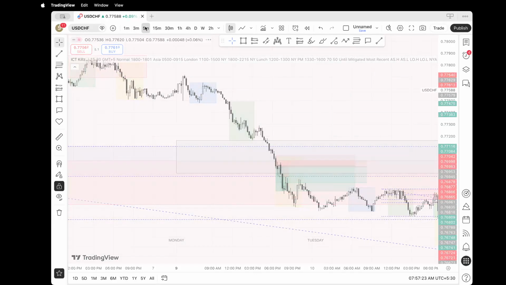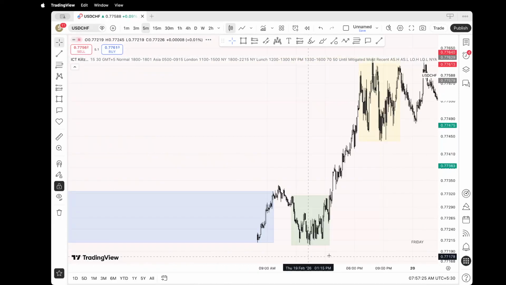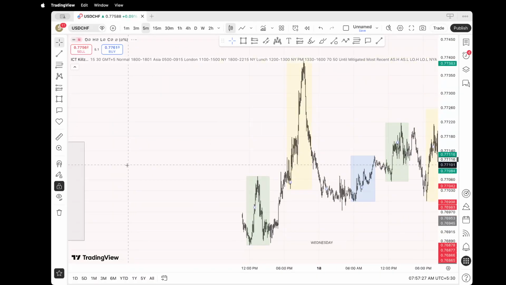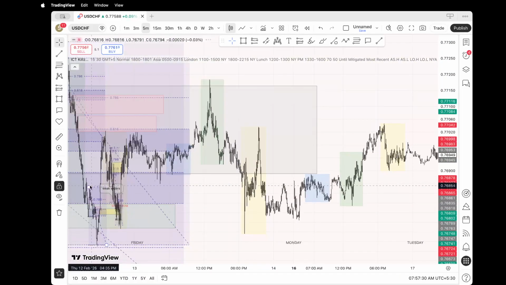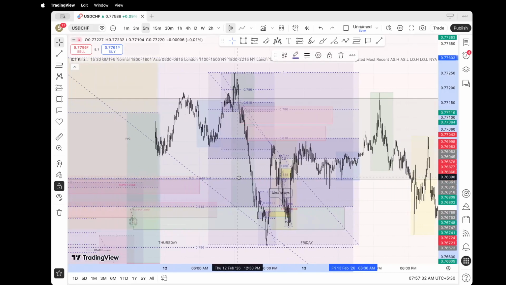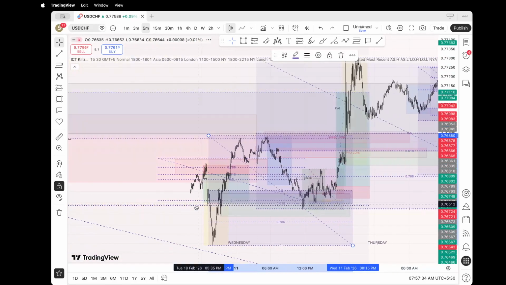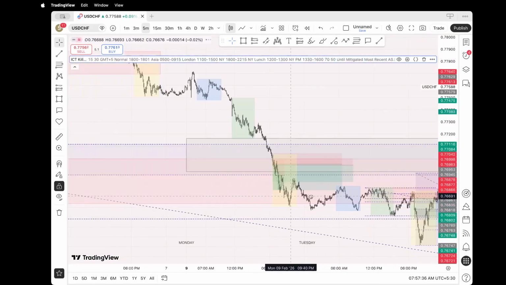Got it. So basically, this trade was taken based on the logic of failure of order block, the usual pattern that we see when a trade taps into the order block.